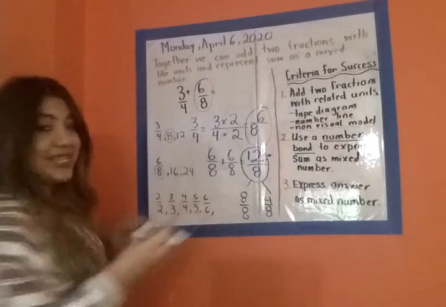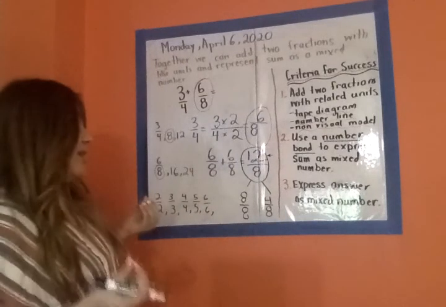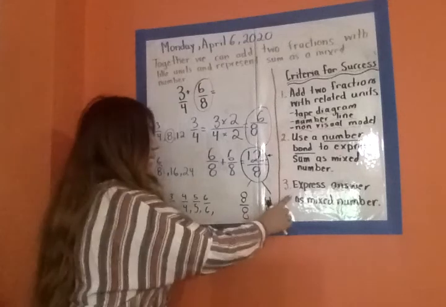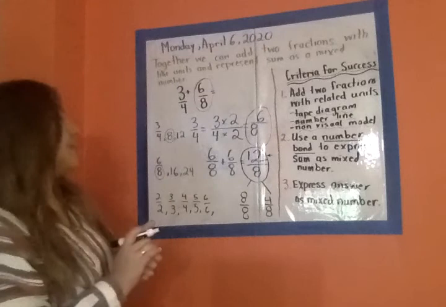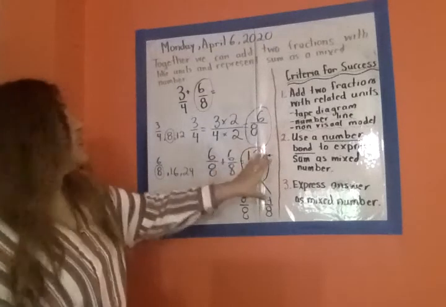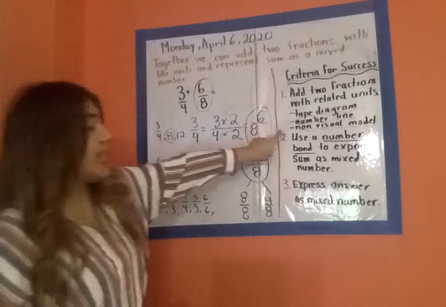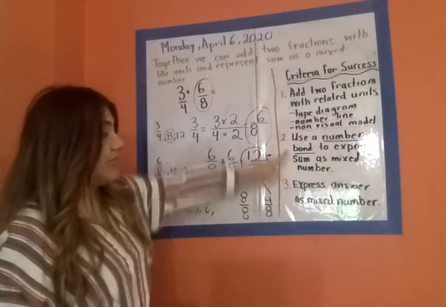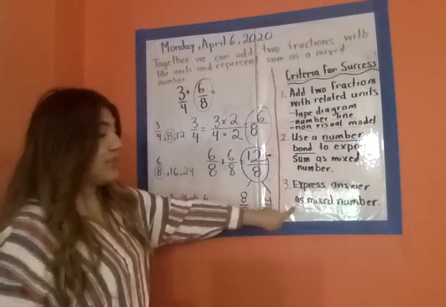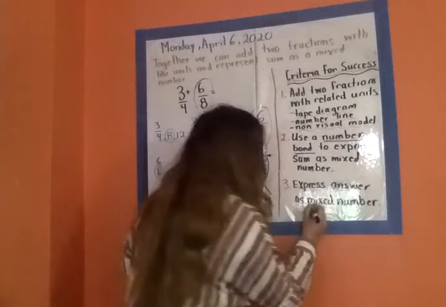Using that information, I can express my sum as a mixed number. If we refer back to our criteria for success, I'm using a non-visual model, I'm using a number bond, and now I'm going to express my answer as a mixed number.